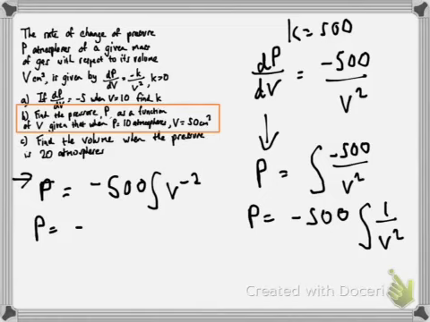So negative 500, raise the index by 1, is V to the negative 1 over negative 1.